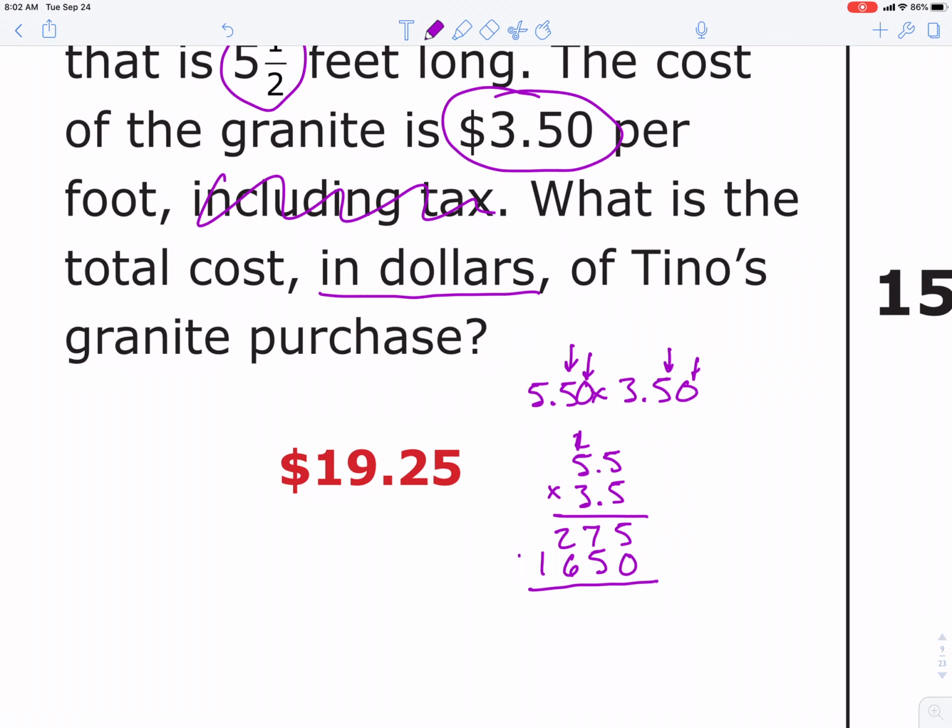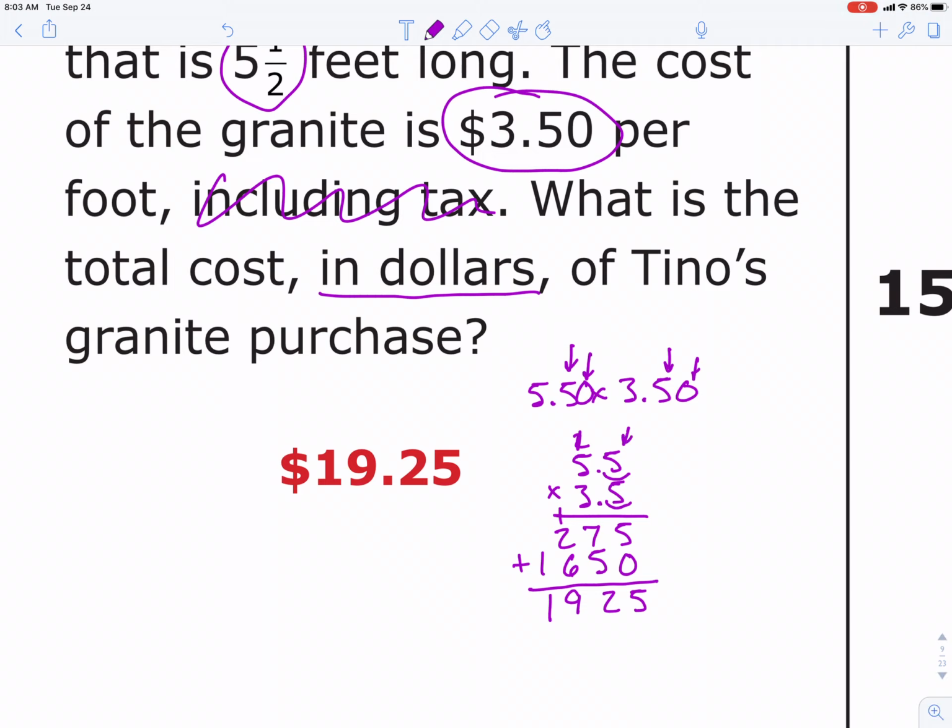Then I just add straight down. 5 plus 0, 5. 7 plus 5 is 12. Carry the 1. 1 plus 2 is 3, plus 6 is 9. 1, bring that down. Okay, I got 1,925. Is that right? No. Then I count. How many numbers do I have after the decimal in the numbers I multiplied? There are 2 numbers to the right of the decimal in the numbers I multiplied.